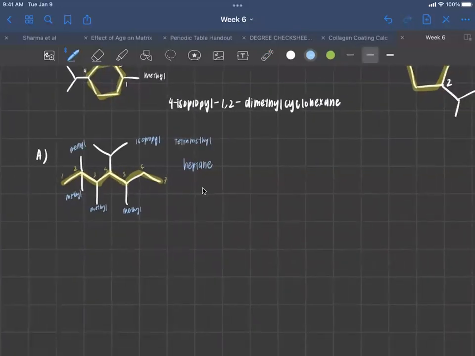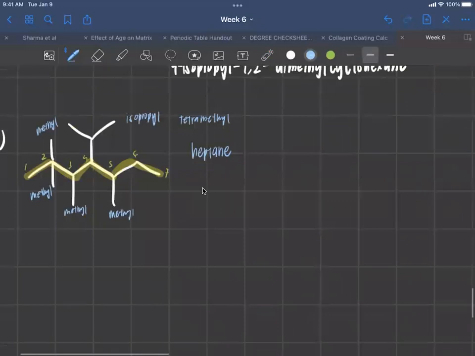Okay. So now constructing our name, we're comparing our I and our M. So then we have a 4 isopropyl.